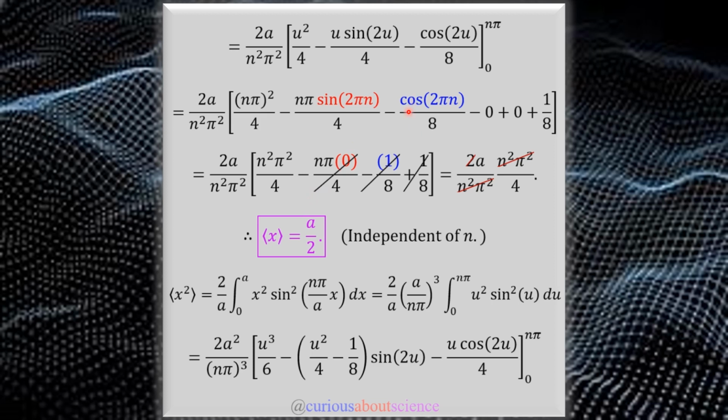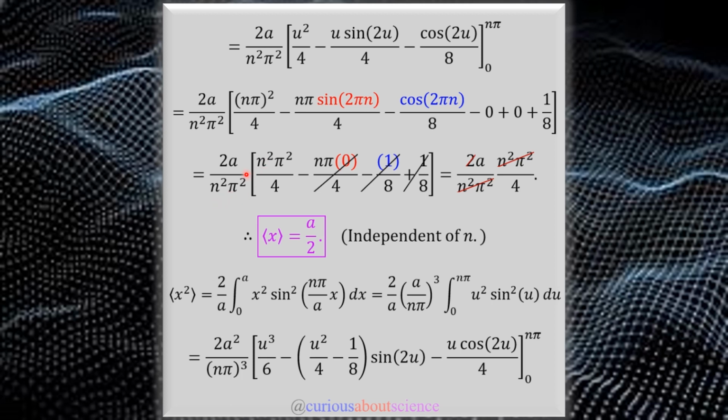Since cosine always is 1 for any integer n, and we see that we already had another 1/8, we cancel and cancel. So what we're left with is this front running term, which is wonderful. Okay, so we notice here that the n's cancel as well because of this term being the only thing here, and we're dividing by an n squared pi squared, and we have an n squared pi squared.